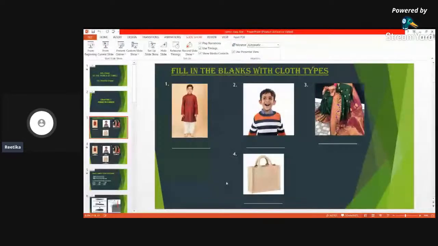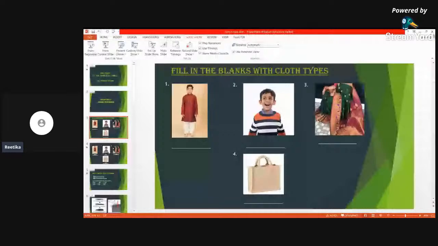You have to fill in the blanks with the type of clothes. So please mention what is 1, 2, 3, and 4.